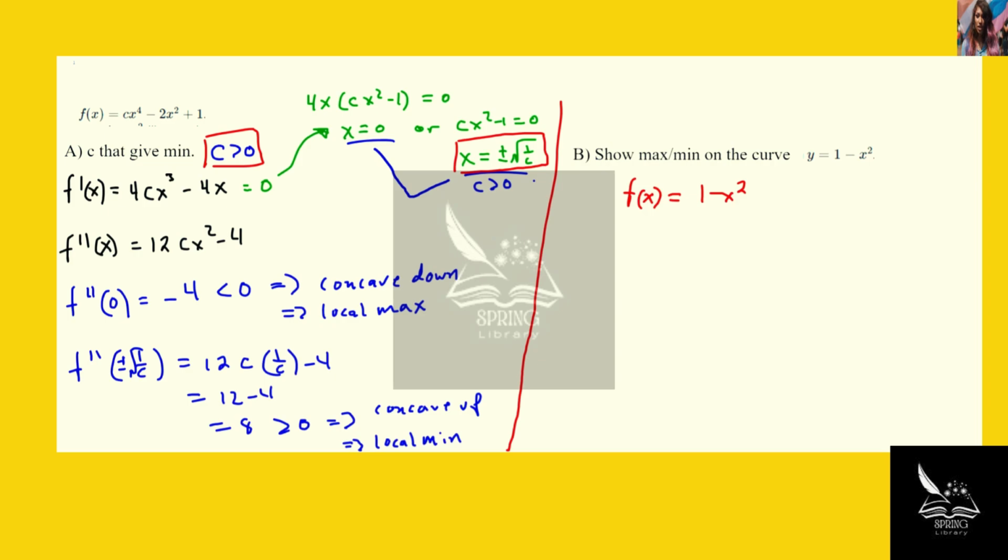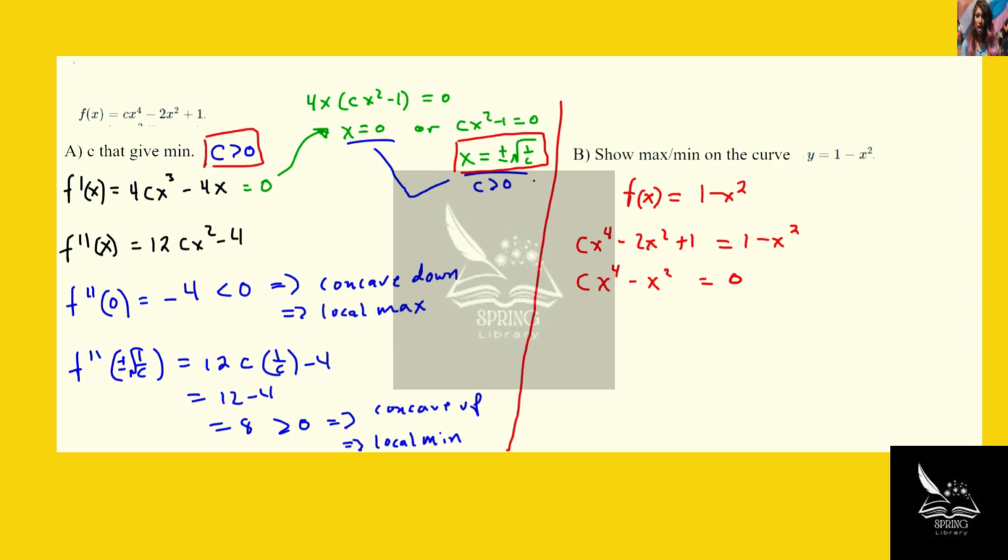So let's plug in f of x. That's going to be cx to the fourth minus 2x squared plus 1 is equal to 1 minus x squared. We can subtract 1 over and add x squared, and doing that will give us cx to the fourth minus x squared is equal to 0.